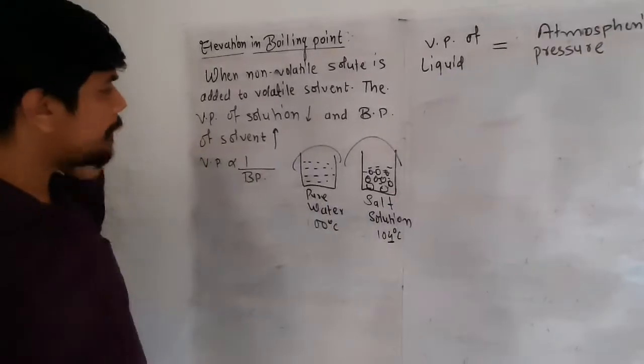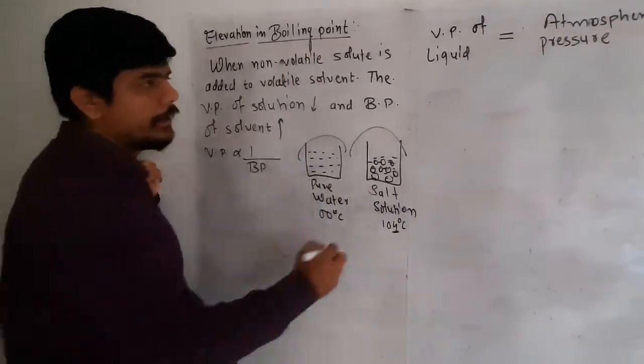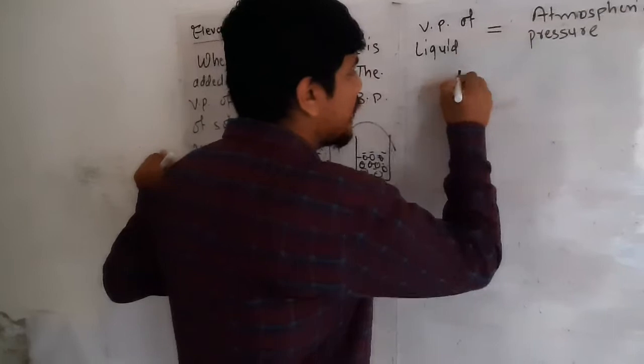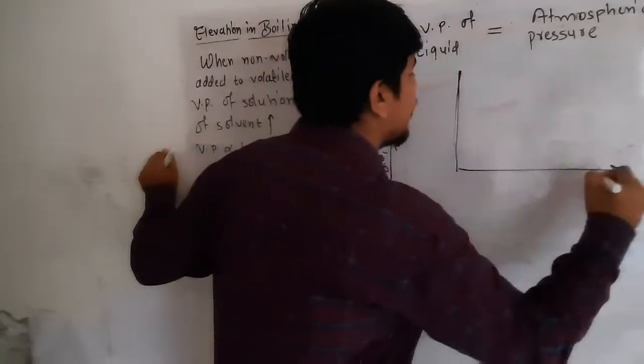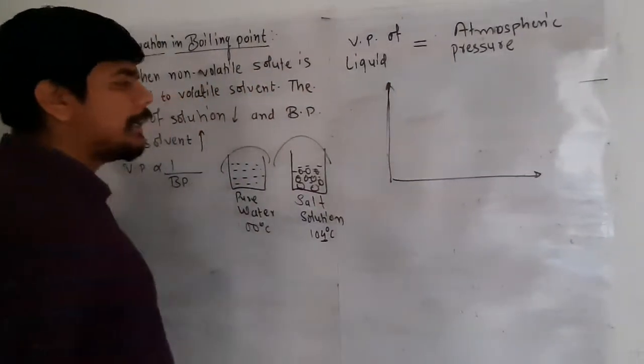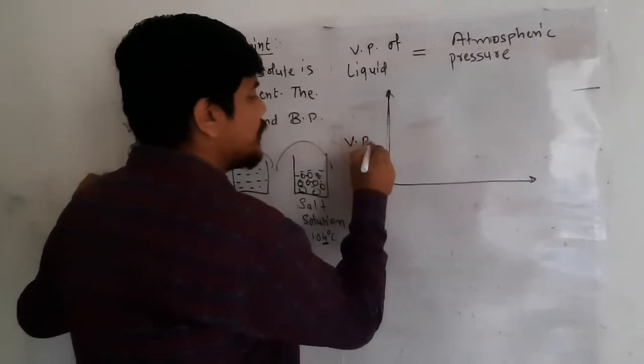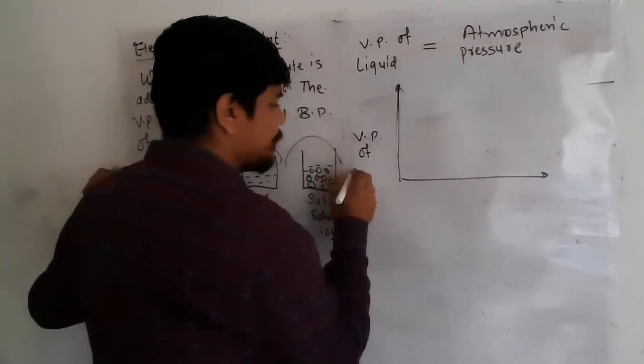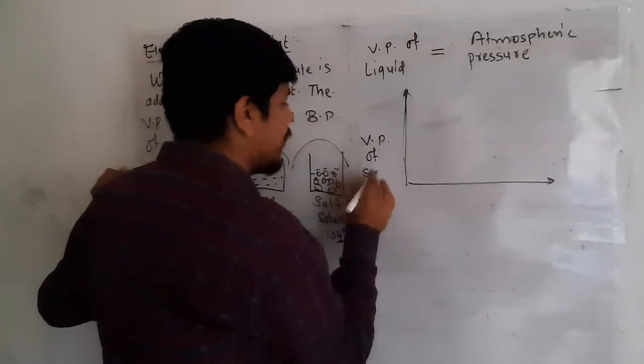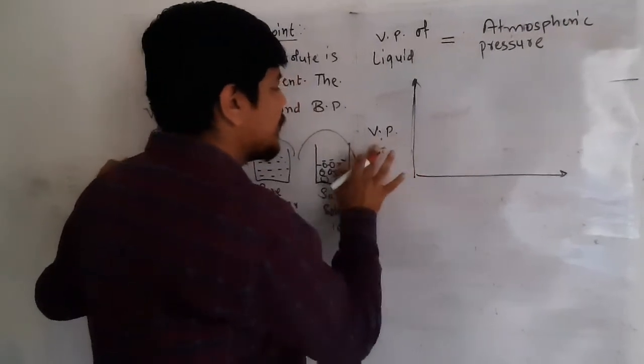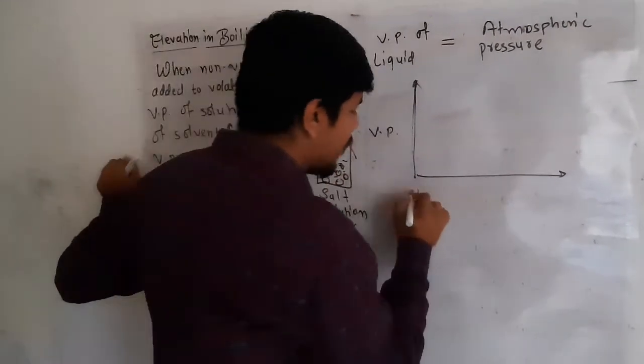If I represent this graphically, I can draw a graph of vapor pressure versus boiling point.